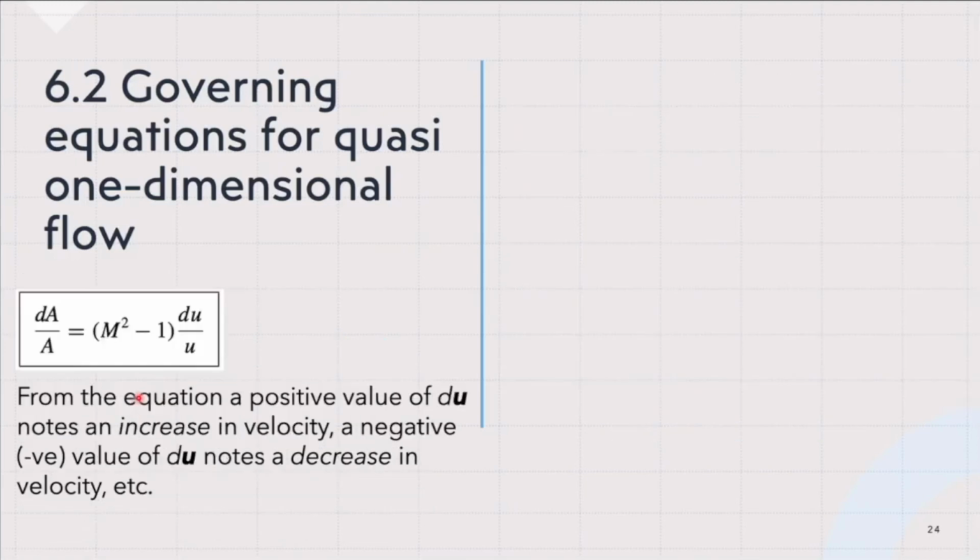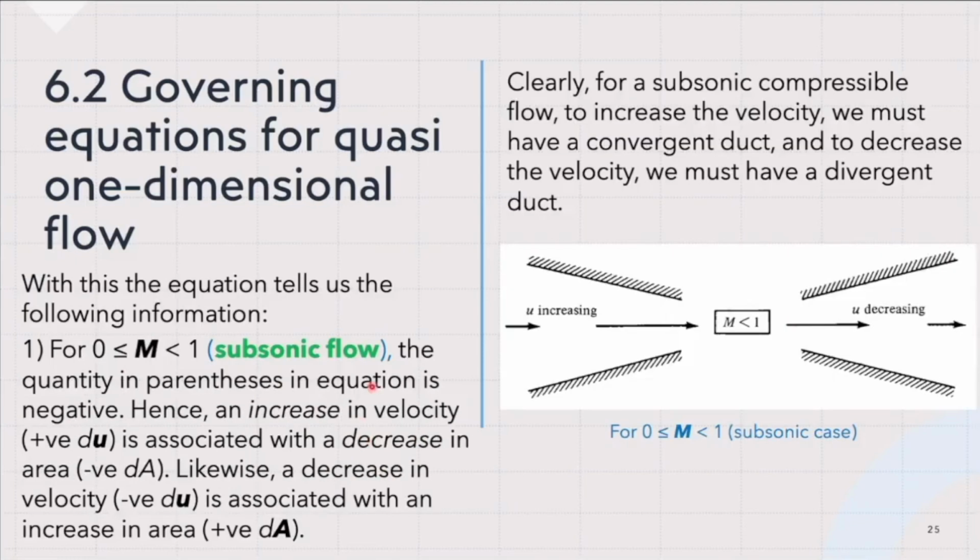If it is less than 1, you will have a negative value, meaning there will be a decrease in the velocity. Hence, an increase in the velocity is associated with a decrease in the area. Likewise, a decrease in the velocity is associated with an increase in the area, positive dA.